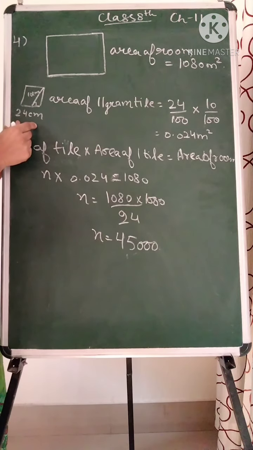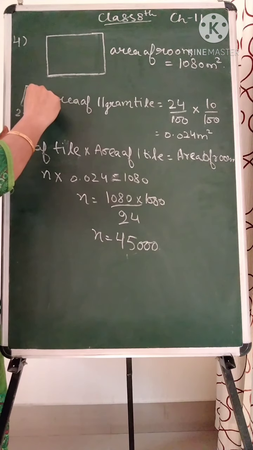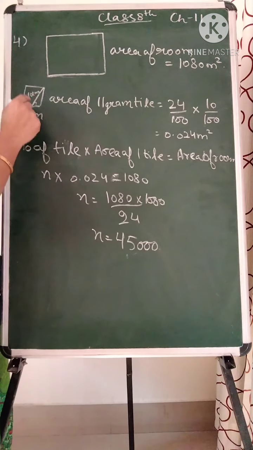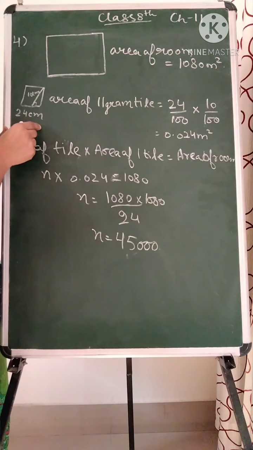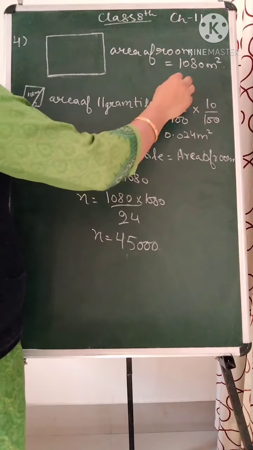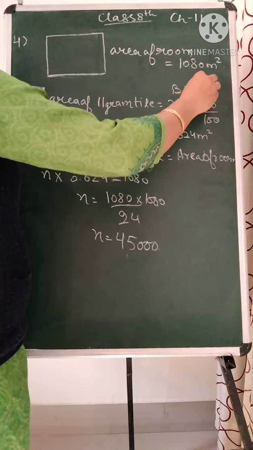The dimension is 24 centimeter and 10 centimeter, and the tile is in the shape of a parallelogram. This 24 is the base, and this 10 is the perpendicular which falls on the 24 centimeter base of the parallelogram.